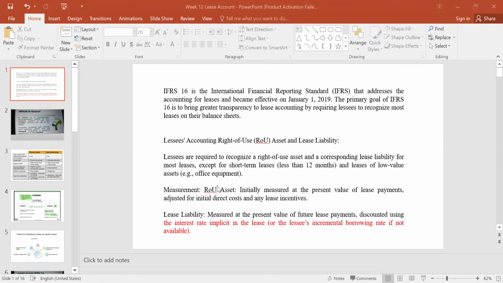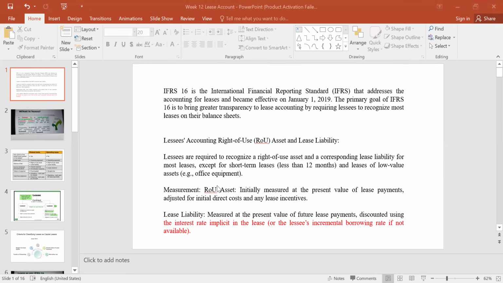Say, for example, you want to buy a bus, but the price of the bus may be 20 million or 30 million taka. For a person, it is impossible to pay that at a time. So in this situation, he may make a contract or agreement for a lease.